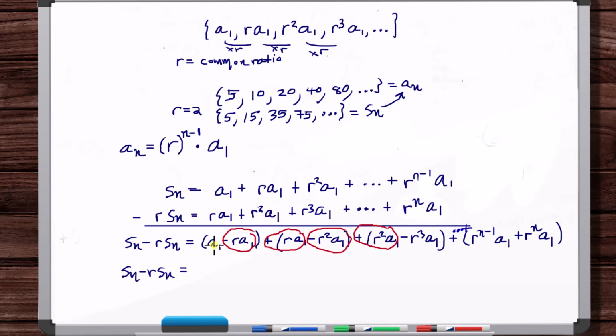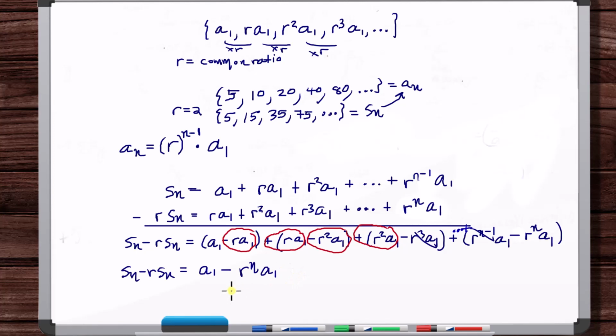You just get a1. Oh, wait, and then I messed this up. This is minus. You're subtracting these two. Yeah. So all these middle terms go away, and you're just left with a sub 1 minus r to the n times a sub 1.